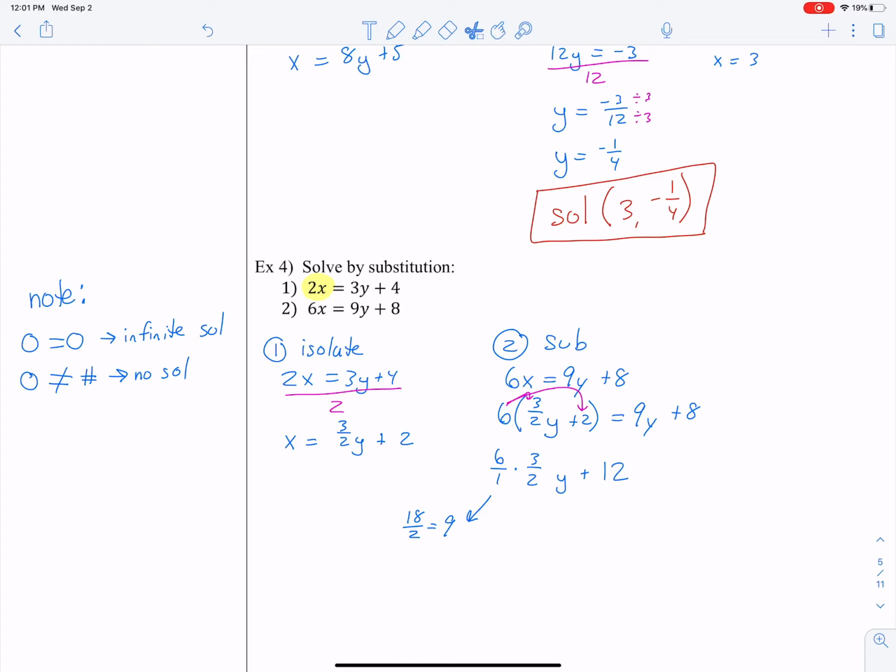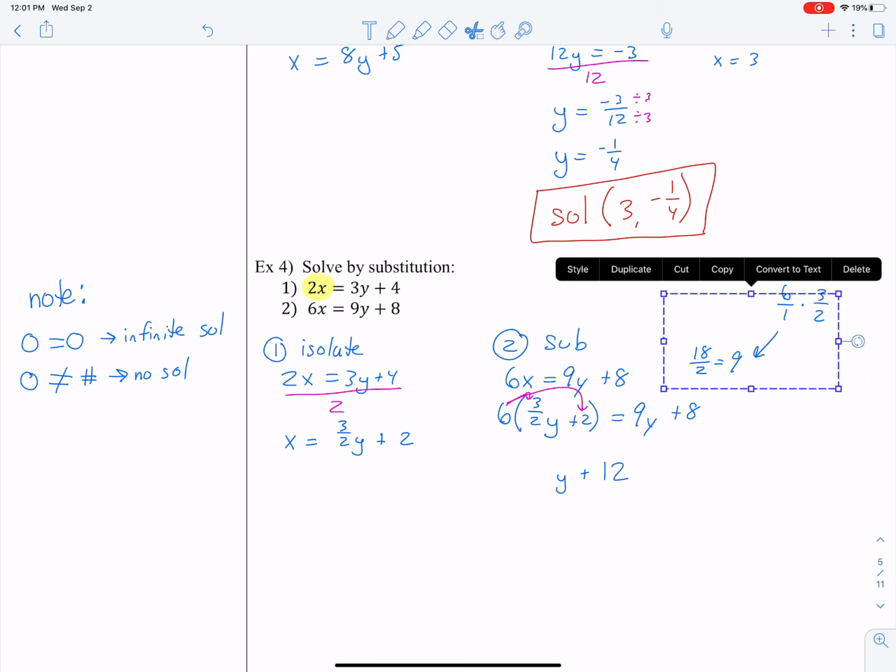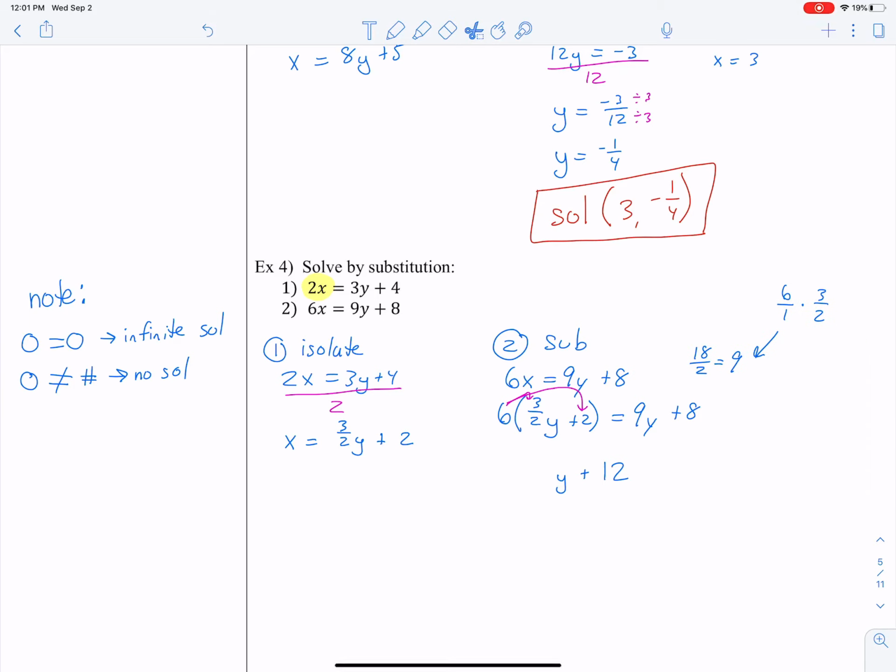I'm going to move this over, just so that it's a little bit cleaner. Okay, that's the multiplication.